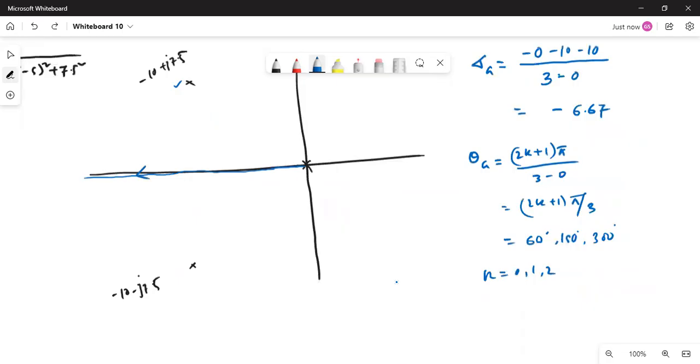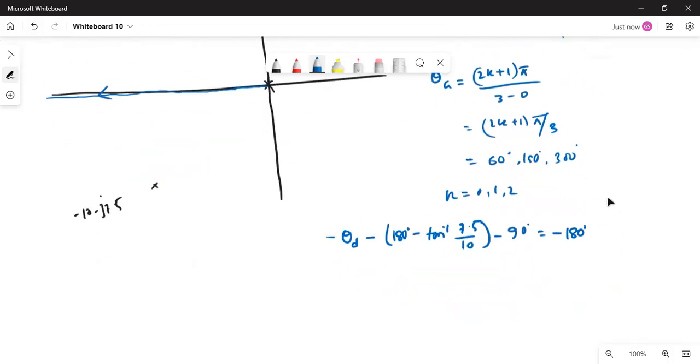So now your minus theta d, the angle at that particular point, is minus the angle of departure theta d, and all your pole angles have to be negative: 180 degrees minus tan inverse of 7.5 by 10, height by base, minus 90 degrees should be equal to plus or minus 180 degrees. It is better to use minus 180 degrees because all the angles are negative, so it will eventually be closer to negative 180 degrees.